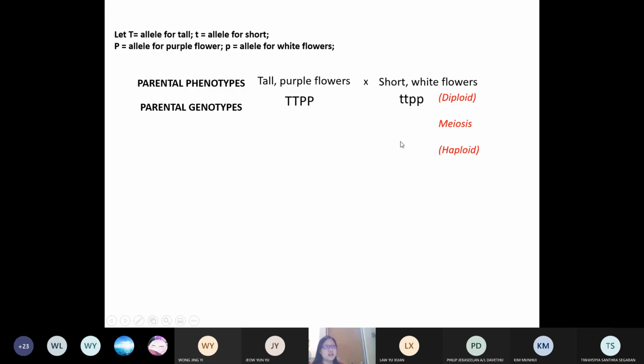Okay, so realize that these are 4 chromosomes, right? 4 different chromosomes, 4 different alleles. Okay, 2 genes, 4 alleles, because 2 alleles each, right? So this is a diploid number, actually. This is a diploid organism. After meiosis, it should be haploid, which means the gametes would have 2 letters in them.